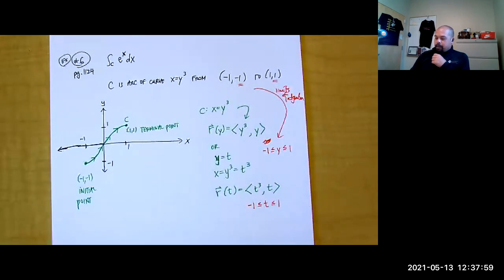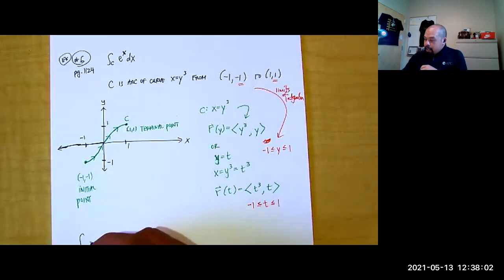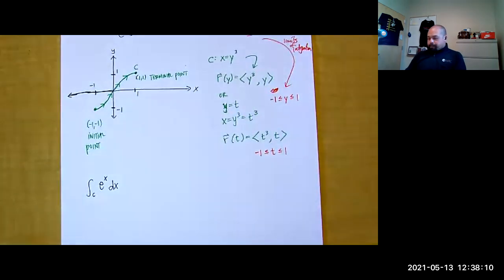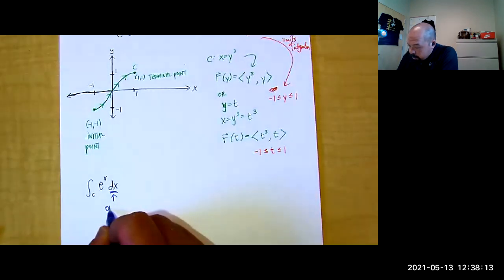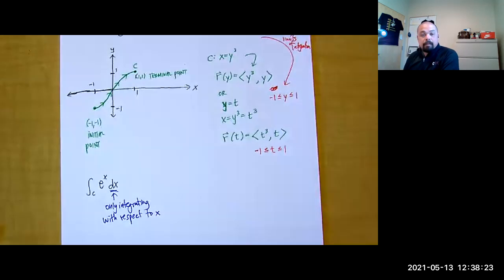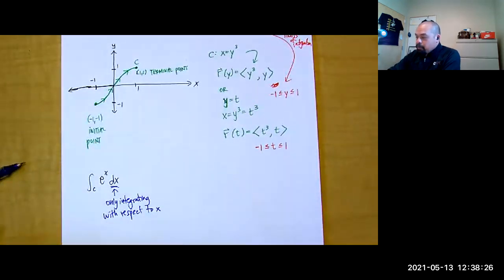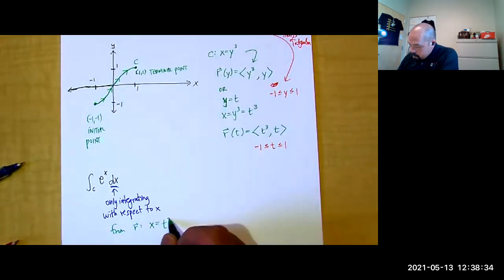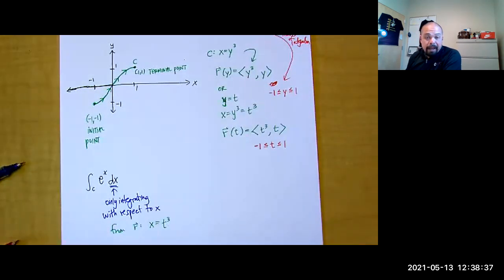All right. And so then when we start to see this integral here, we're only integrating with respect to x. But remember, from our r, x is equal to either t cubed, or we can even do it in terms of y, up to you.